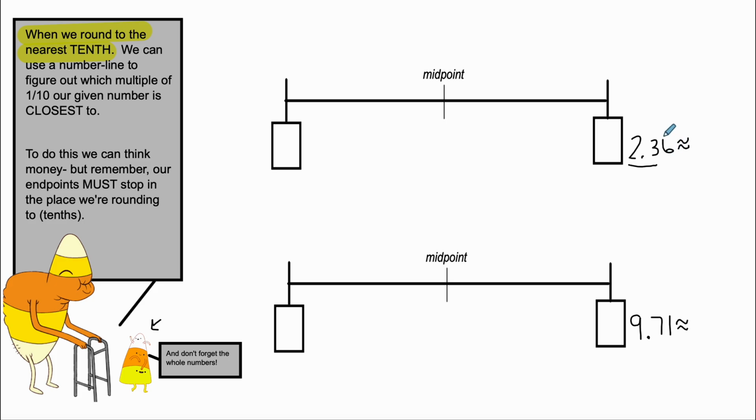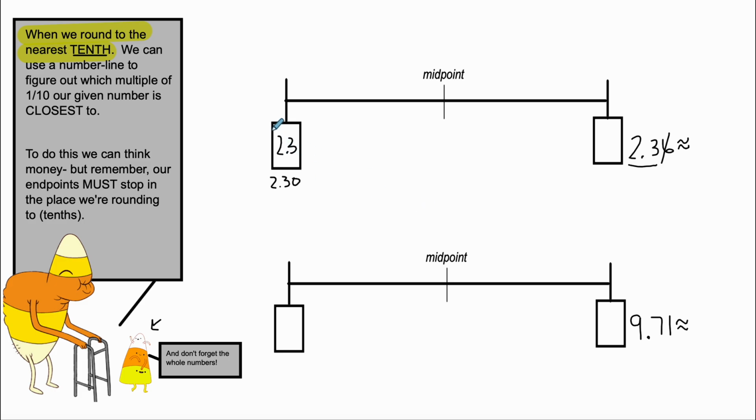If I take off my pennies, which is my 6, I'm left with $2.30. But remember, we want our number to end in the tenths place, so I'm just going to call that 2 and 3/10, $2.30.